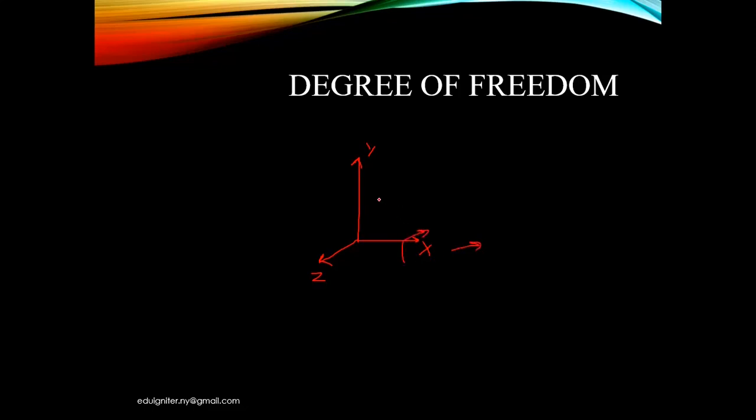Similarly, the body can translate and rotate about the y-axis as well as the z-axis. So the total number of motions done by the body in this space is 6. So we can say the body has 6 degrees of freedom in space.